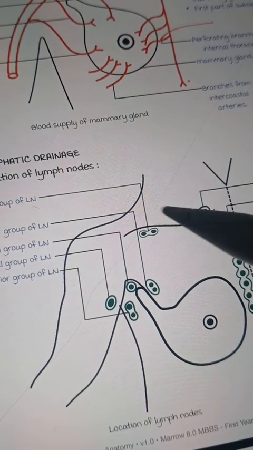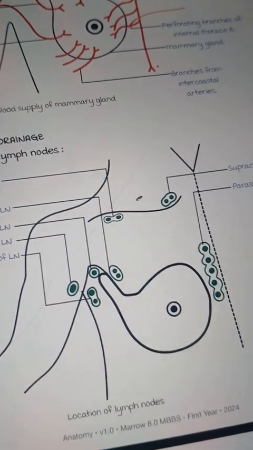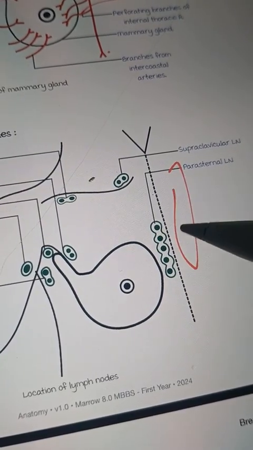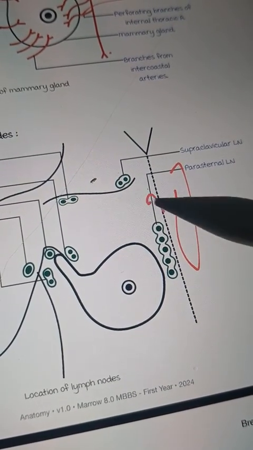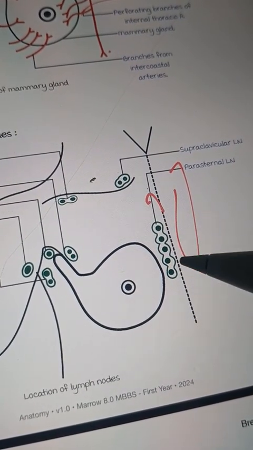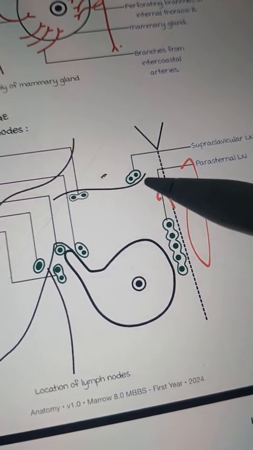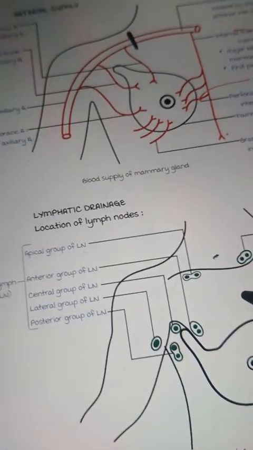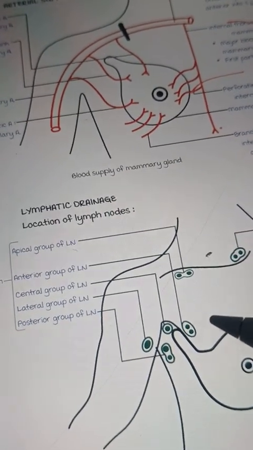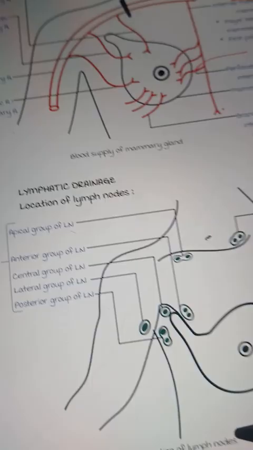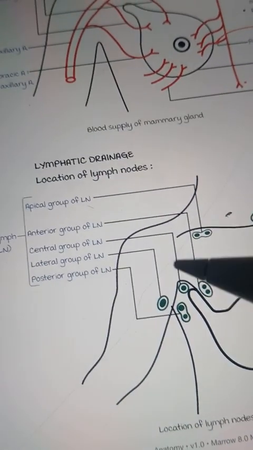Talking about lymphatic drainage of the breast, so that's the breast. These are known as the parasternal lymph nodes, because here is the sternum, and the lymph nodes beside the sternum are the parasternal lymph nodes. These are the supraclavicular lymph nodes, and these are the infraclavicular or apical group of lymph nodes. This is the anterior group, this is the central group, this is the lateral group, and the posterior group.